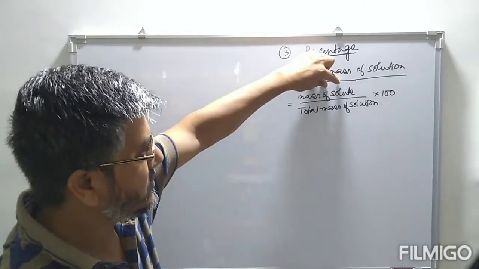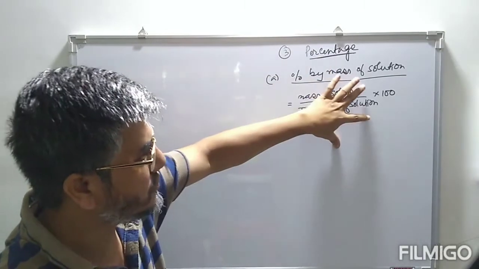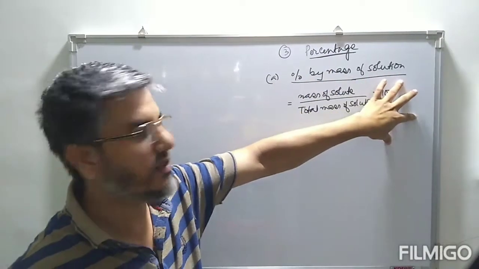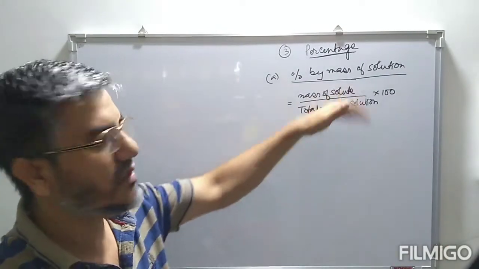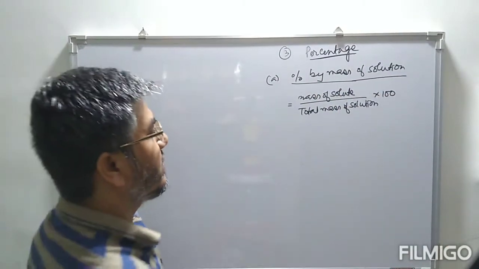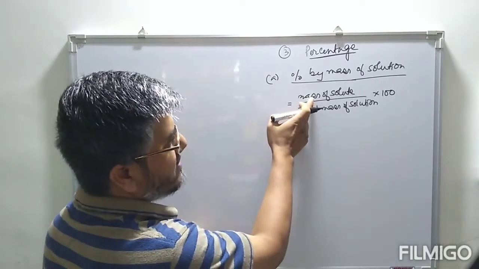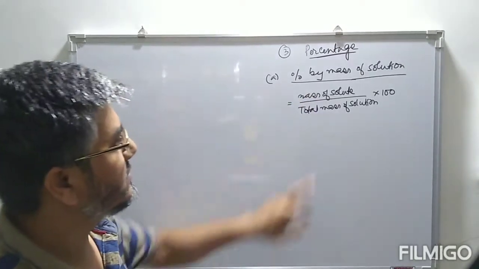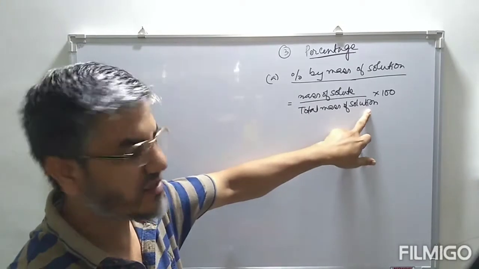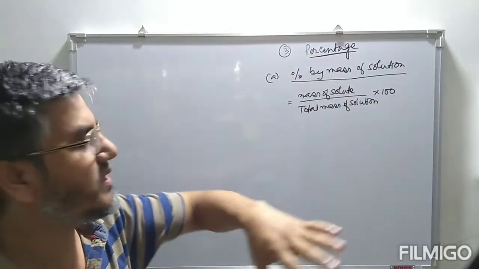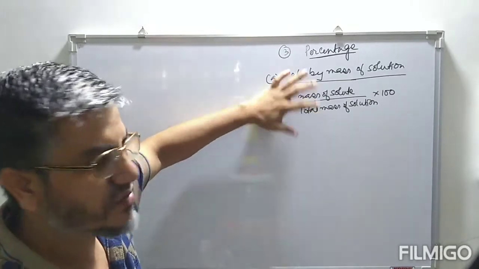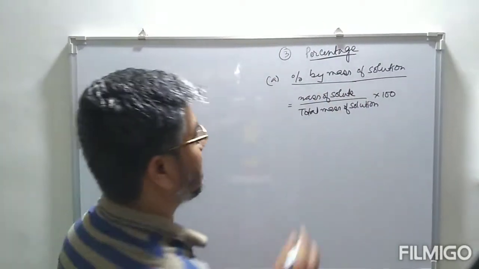Mass of solute divided by total mass of solution multiplied by 100 is defined as the percentage by mass of solute in solution. So look at this, mass is temperature independent. So percentage by mass of solution is temperature independent. Again, this is a ratio of mass, so this doesn't have any unit.